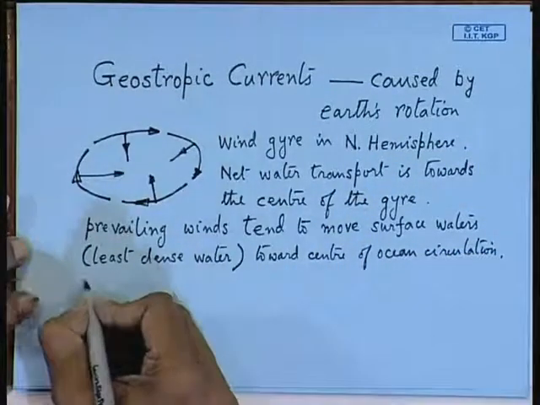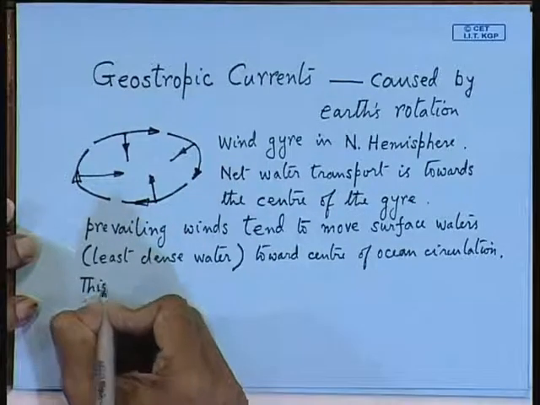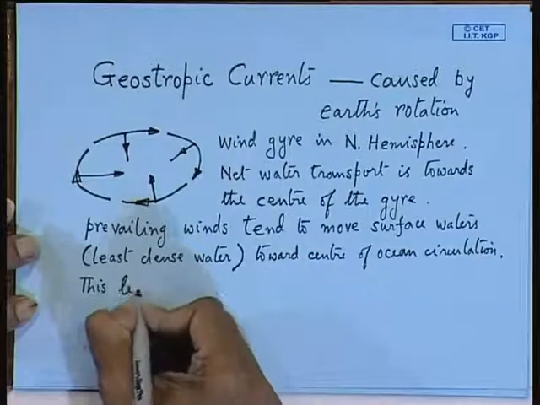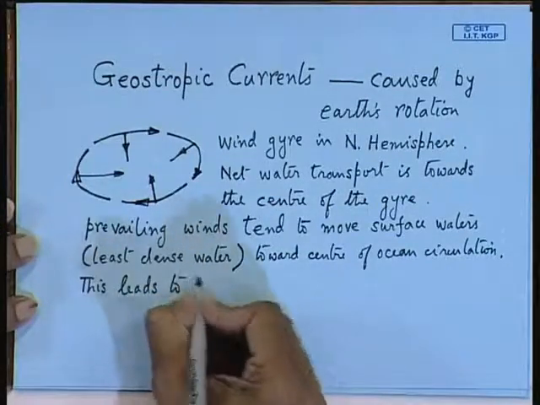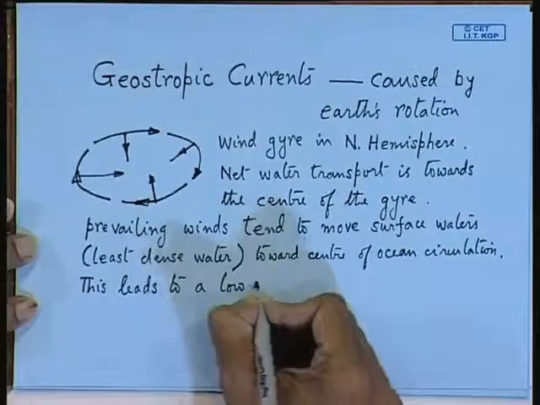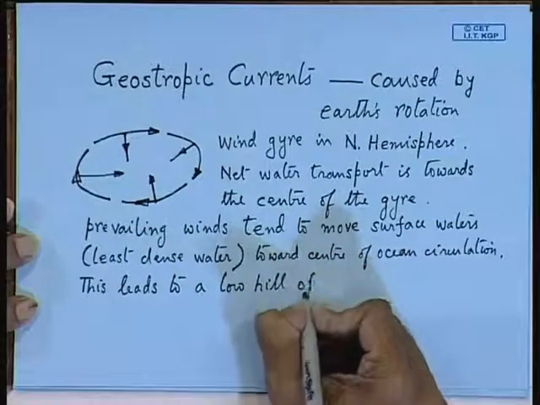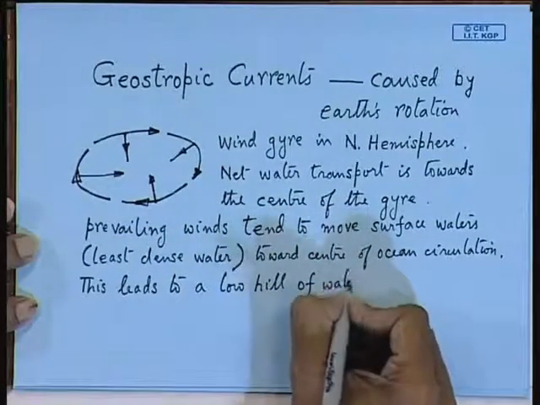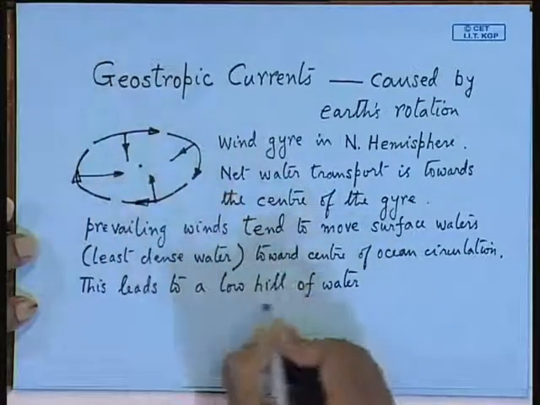Now, as a result of this leads to a low hill of water. So, a water mass has accumulated at the center of the gyre.